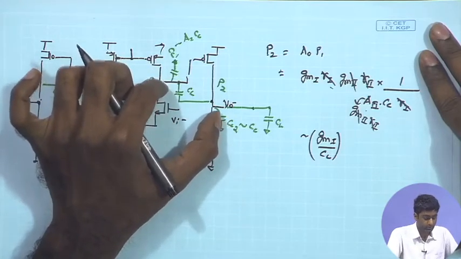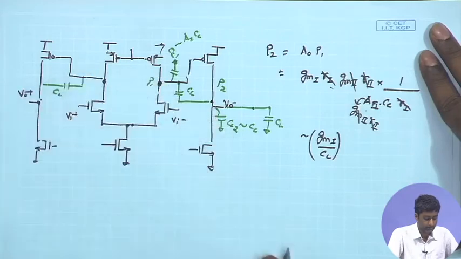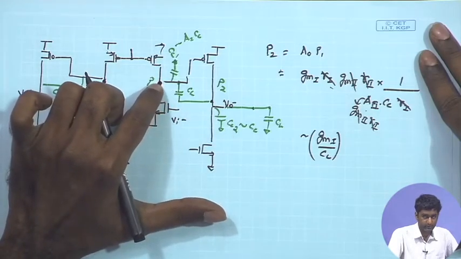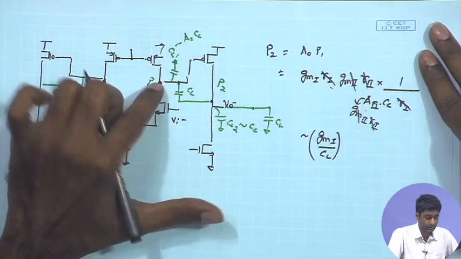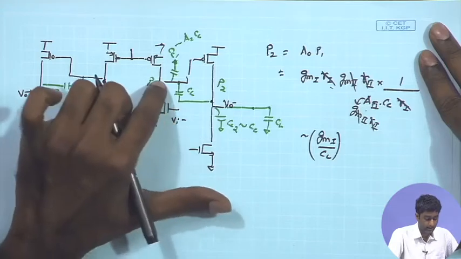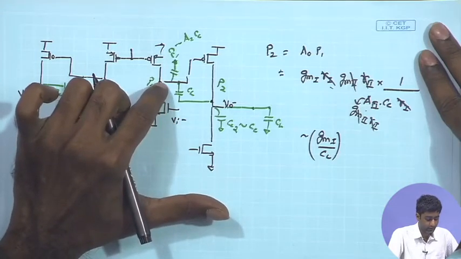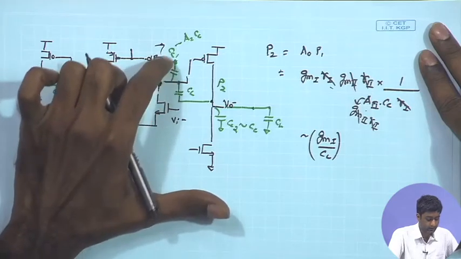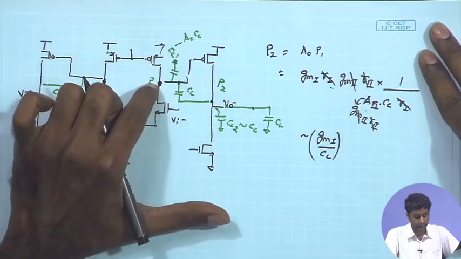I am going to draw an equivalent circuit for this particular second stage, where I can model the first stage over here by its equivalent output impedance. I can call it RO1 or R1, and at this node I have some equivalent capacitance between this particular node and the AC ground because of all other components.